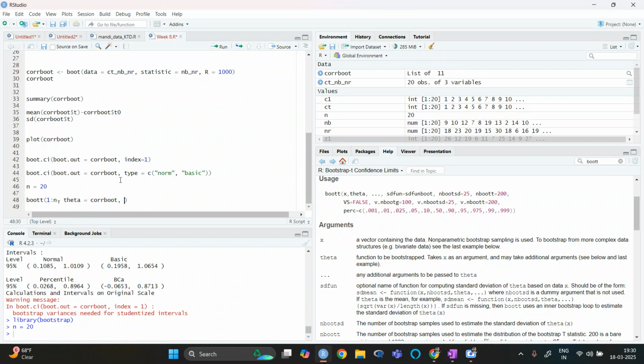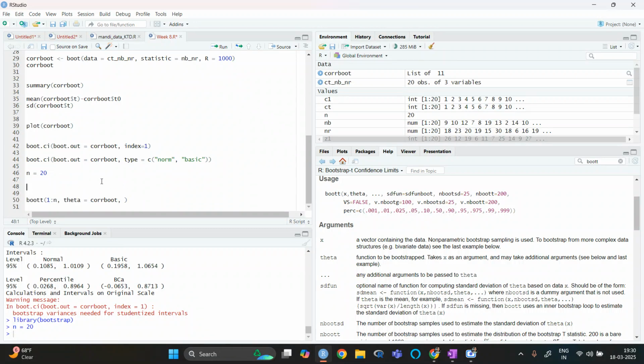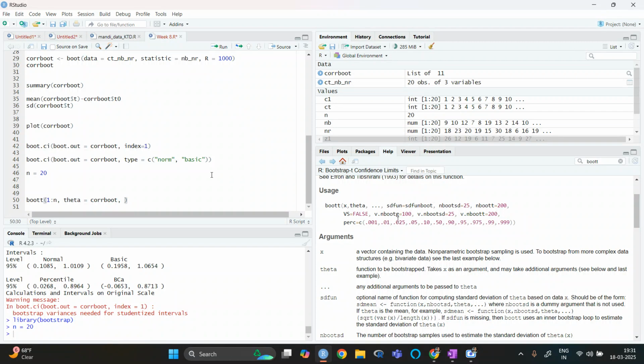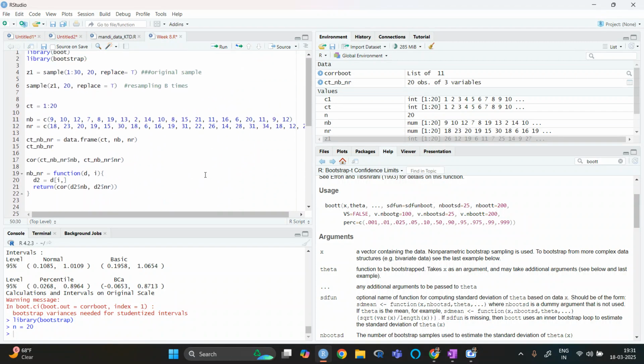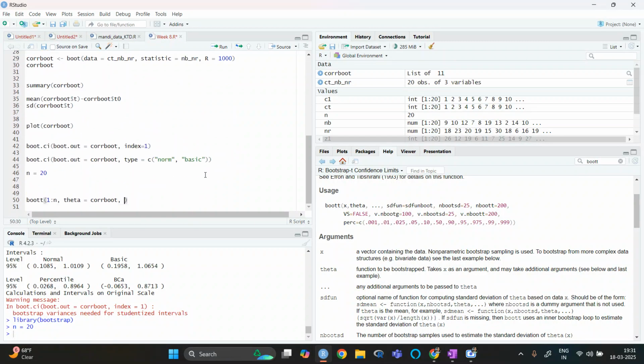So in the core boot, what we have done is, let's see, theta we have is CT, NB, and R.